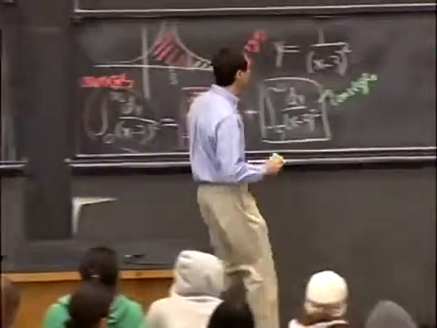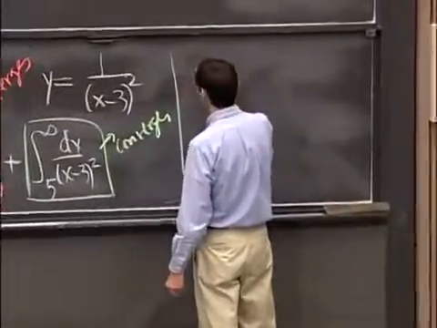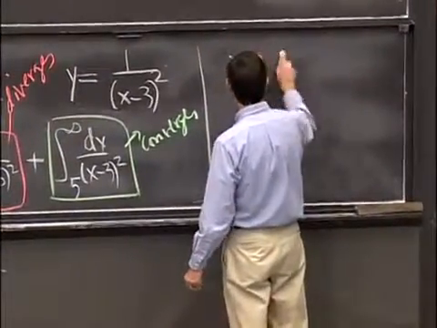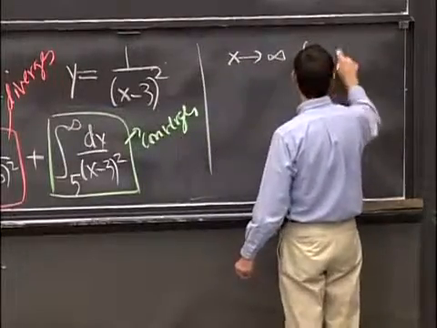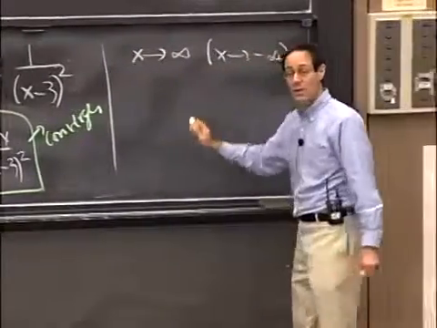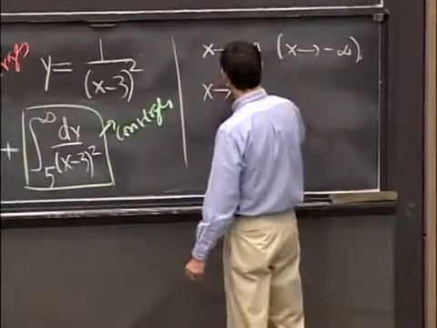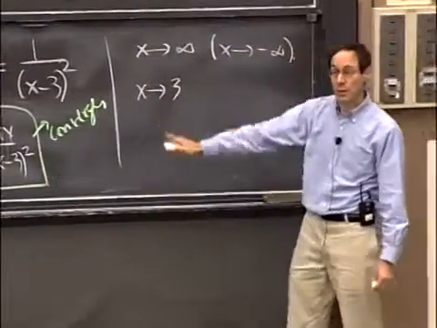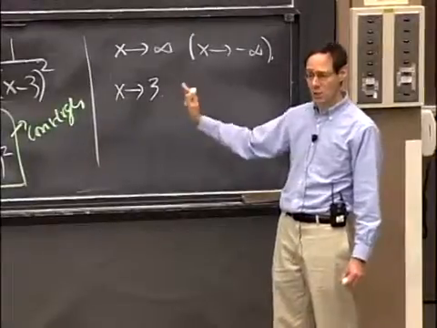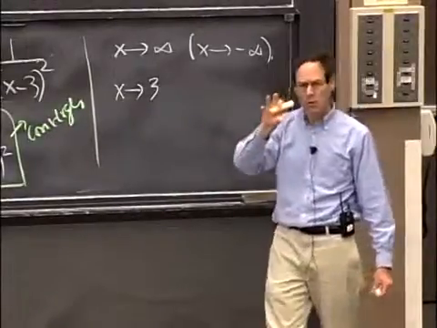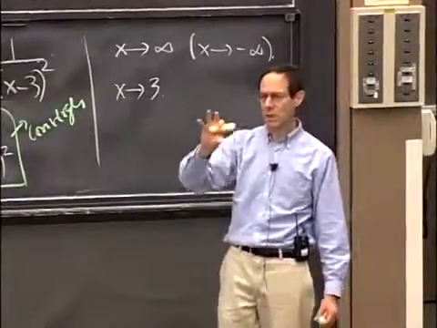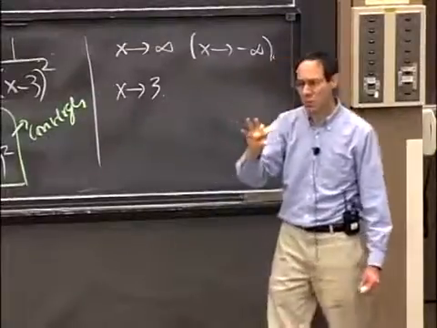I'll say one little hint here. You always have to check x going to infinity and x going to minus infinity if they're in there, and you also have to check any singularity, like x going to 3 for sure in this case. So you have to pay attention to all the places where the thing is infinite. And then you want to focus in on each one separately and decide what's going on at that particular place.